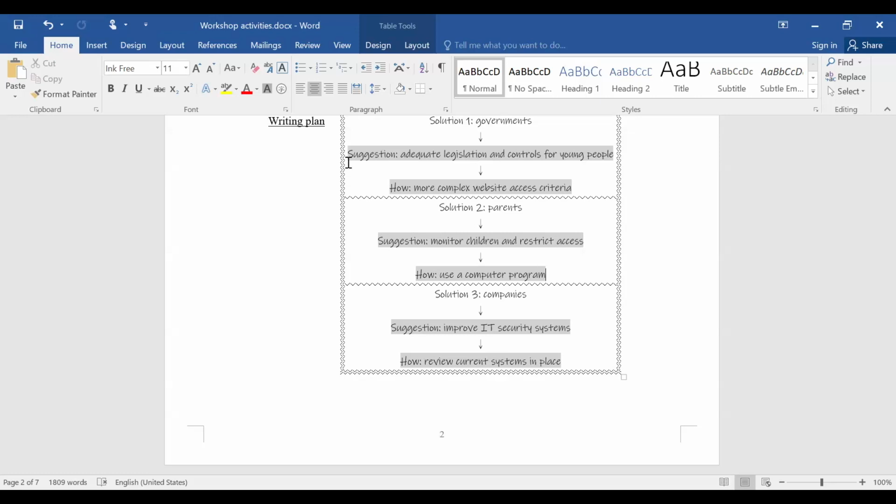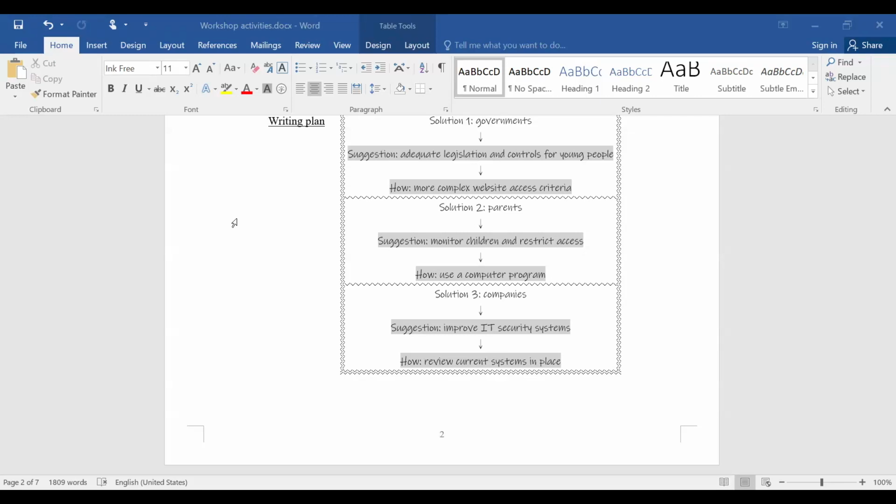Like for example, I can see you have added the expression internet usage, and also potentially harmful content. These are good topical vocabulary that we can add in order to show our examiner that we know a range of vocabulary items.